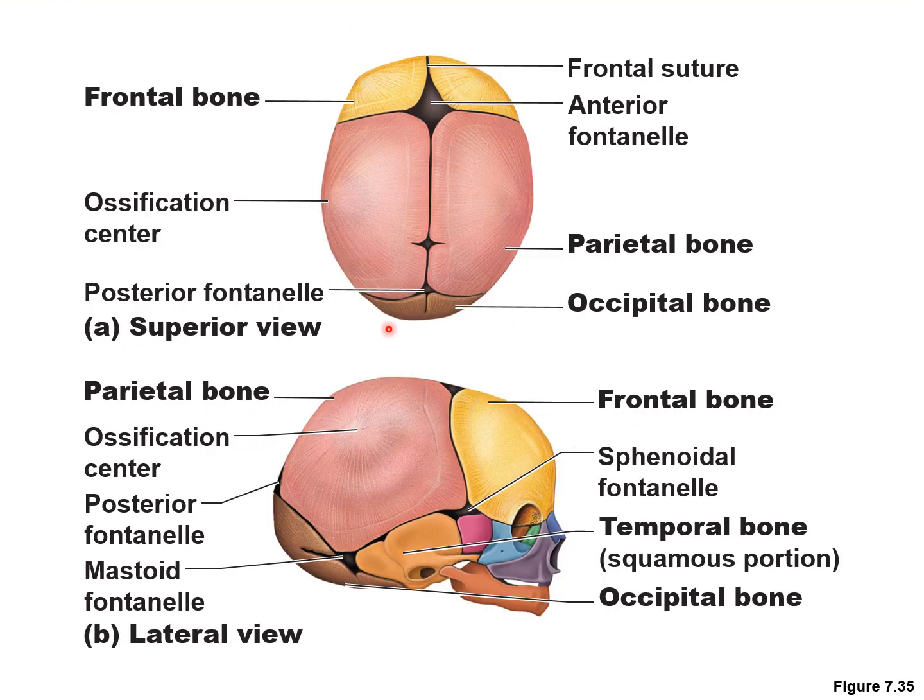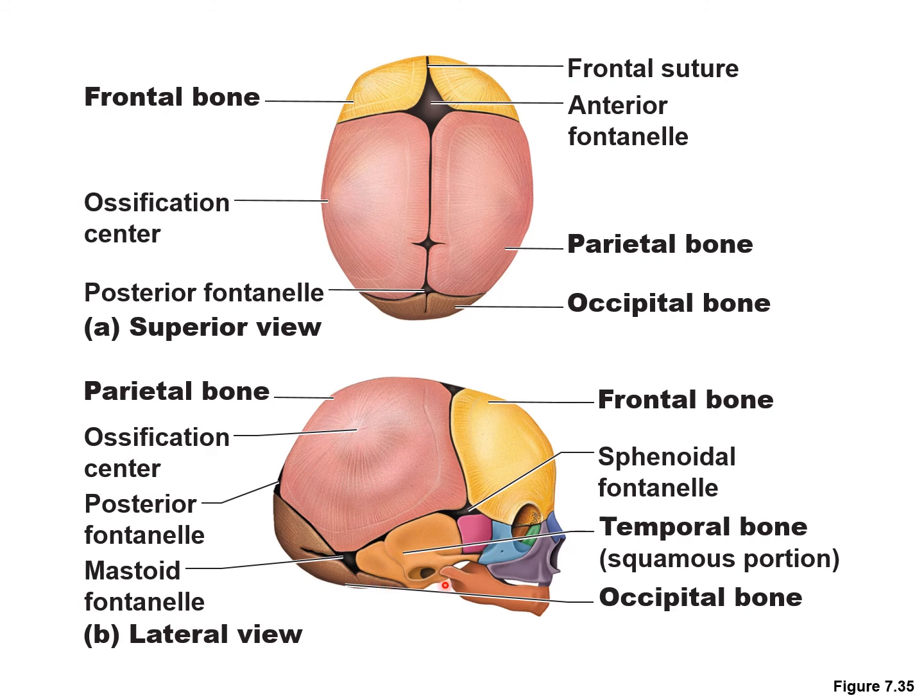So here on this diagram, we can see superior and lateral views of the fetal skull, and here are all the fontanelles that we need to know. Anterior, that's anterior, then posterior will be over here, and mastoid fontanelle is right here, and sphenoid over here, or sphenoidal, because this bone shown here in pink is the sphenoid bone.